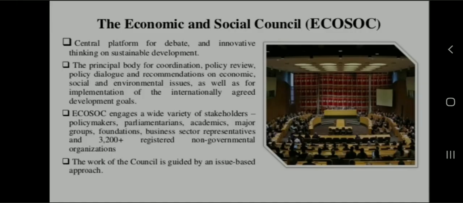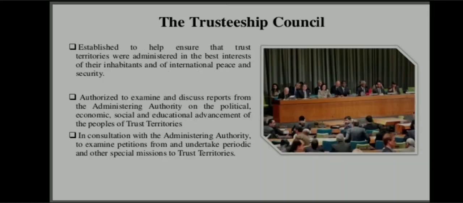So let's have a look at the next organ, the Trusteeship Council. The Trusteeship Council supervises the welfare of dependent people under the UN and helps them to attain self-government. It was established to help ensure that trust territories were administered in the best interests of their inhabitants and of international peace and security.